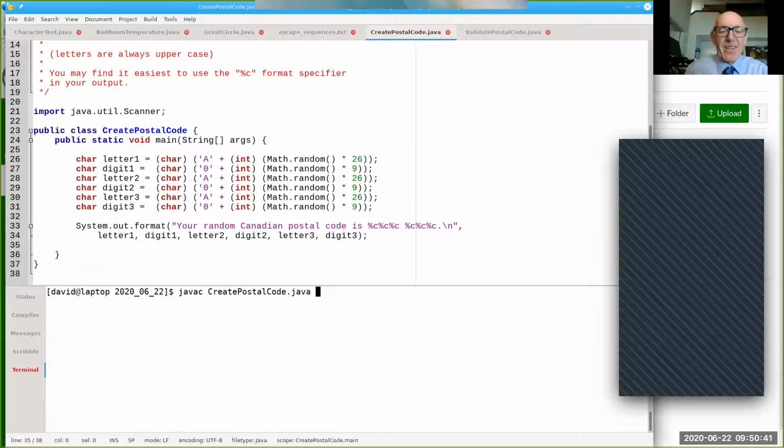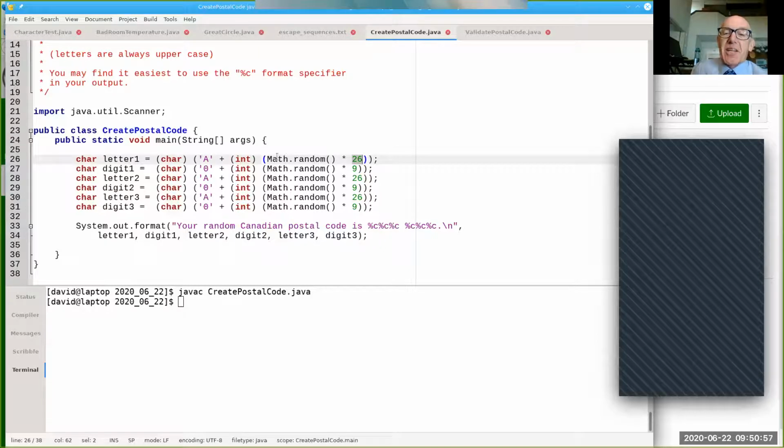Again here. Yes. Remember, I need to create a character between A and Z. There's 26 letters in the alphabet.